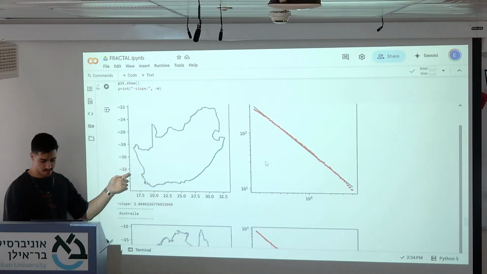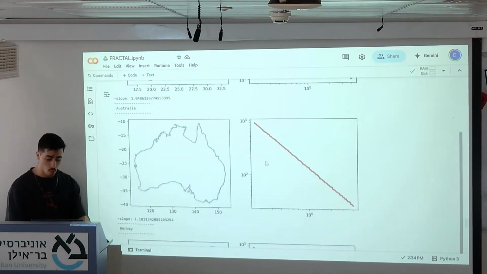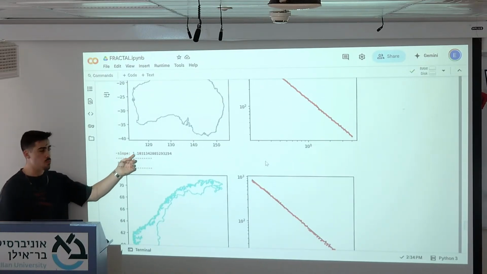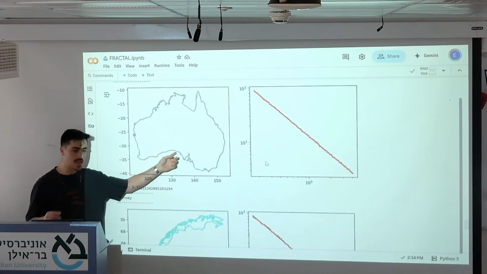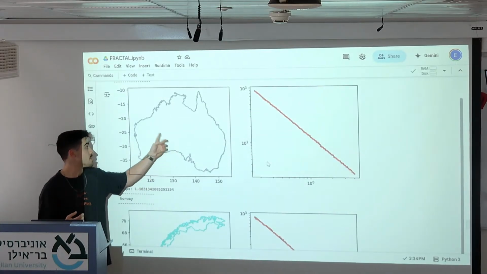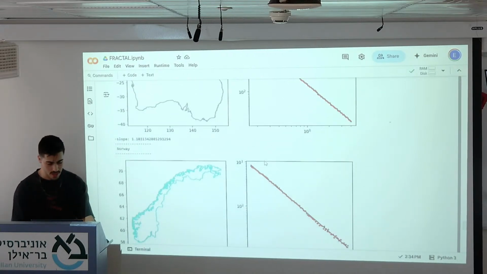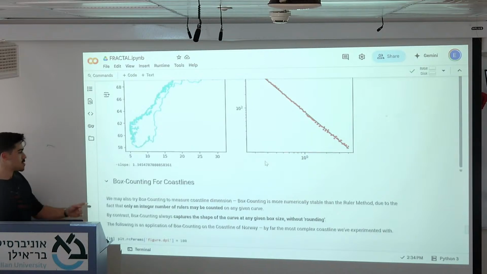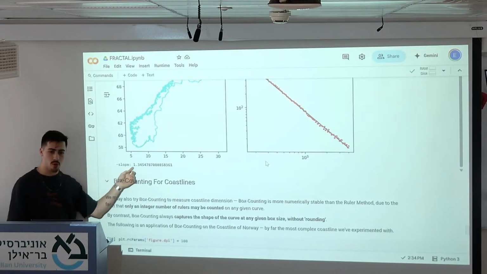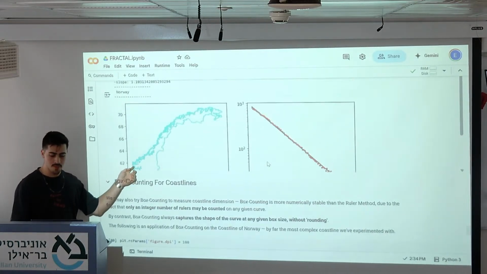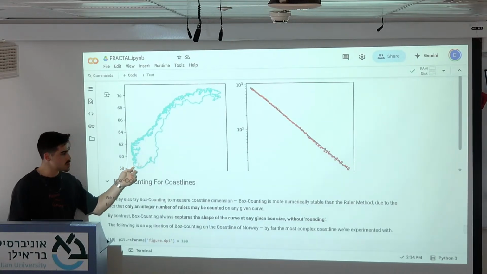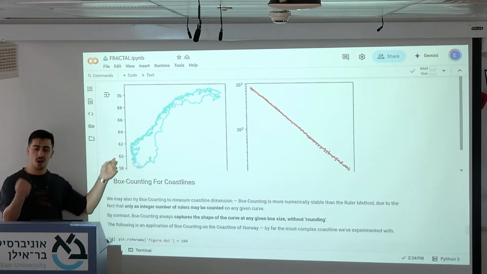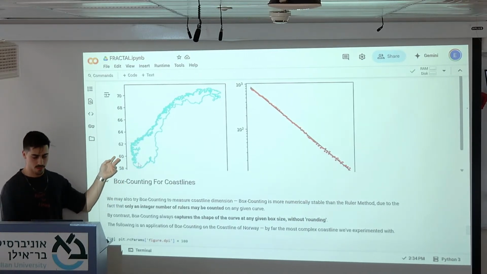Australia is a bit more interesting. It has a fractal dimension of about 1.1, and you can see that it has much finer detail. And Norway, which is by far our most complex coastline, has a fractal dimension of about 1.34. You can see that these parts really contribute to the fact that this is a very fractal shape and sort of covers a lot of the two-dimensional plane.